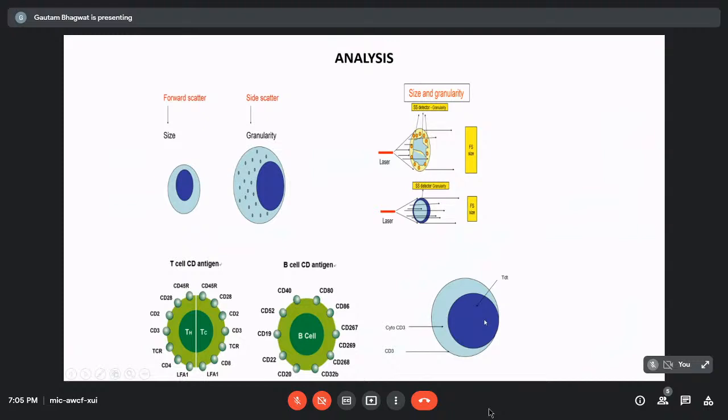We label antibodies against these antigens and detect them. All these come together and give me the cell characterization. This is what we basically analyze, and every cell has its own character in terms of the size, the granularity, and various antigens present on the cell.